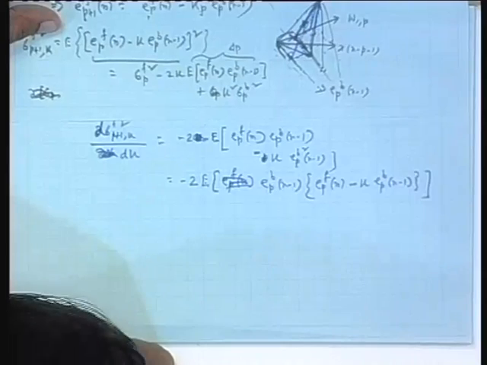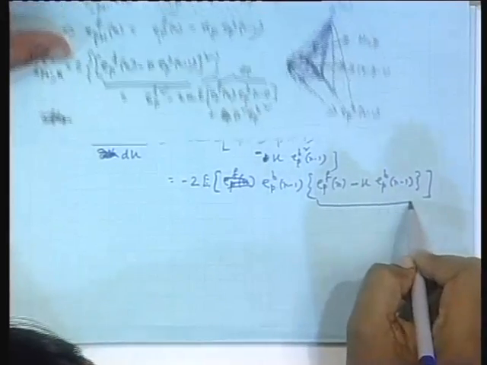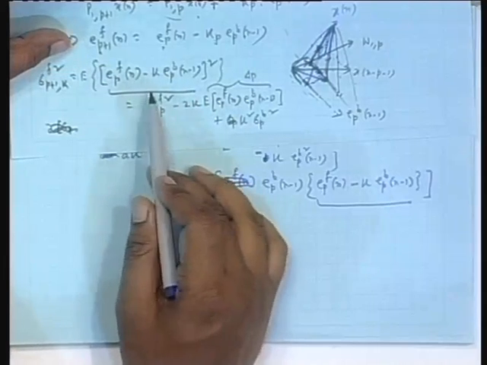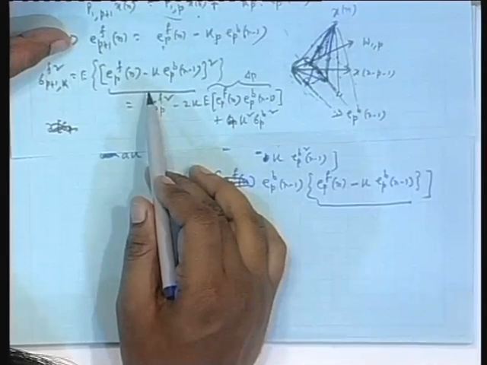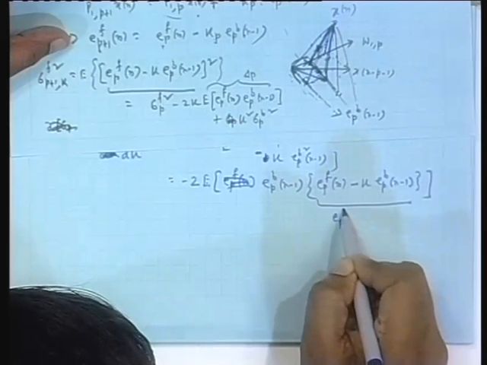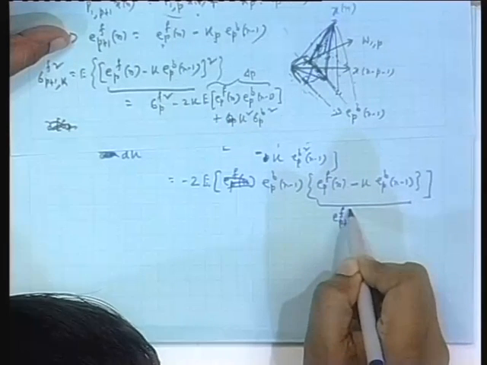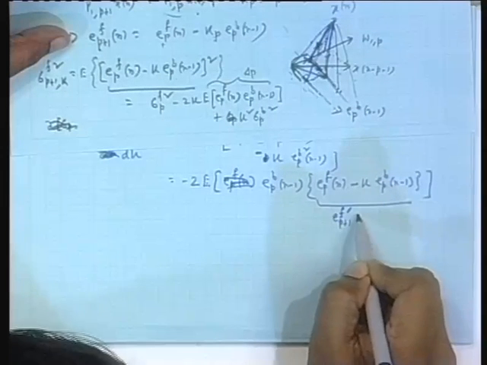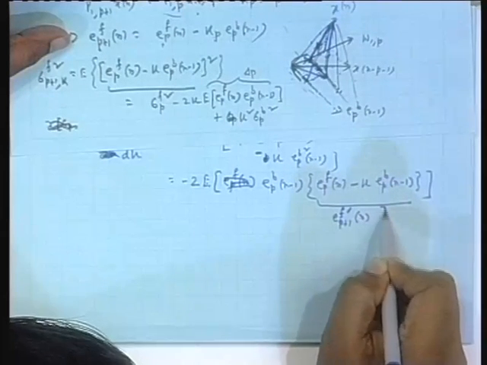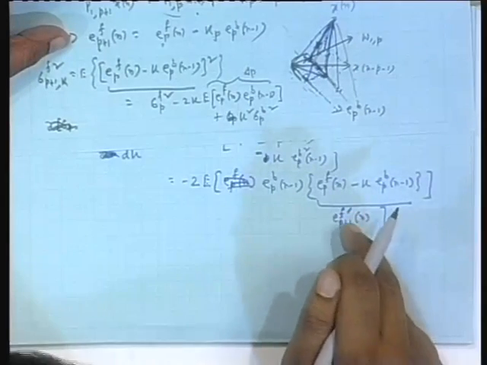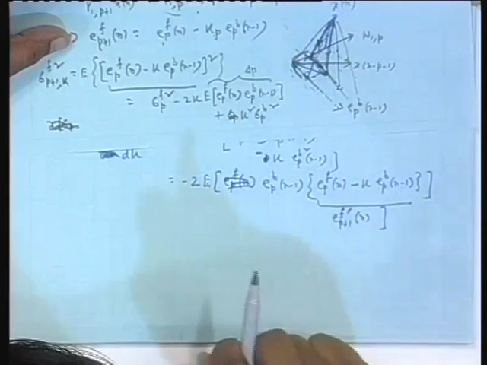What is this quantity? This is nothing but this quantity itself. This you can call E p plus 1 f prime n, prime because I did not put Kp here, any arbitrary k, so it is n. It will become E p plus 1 f n when k is replaced by Kp.